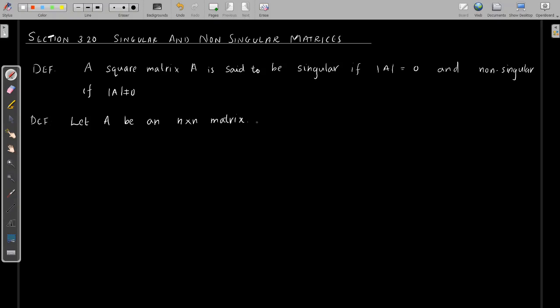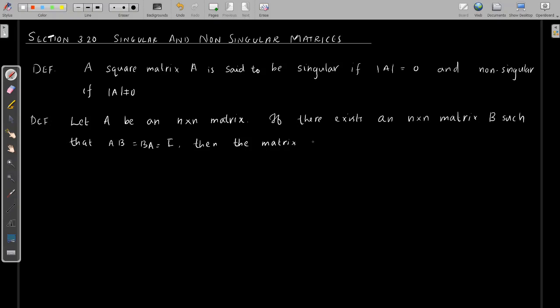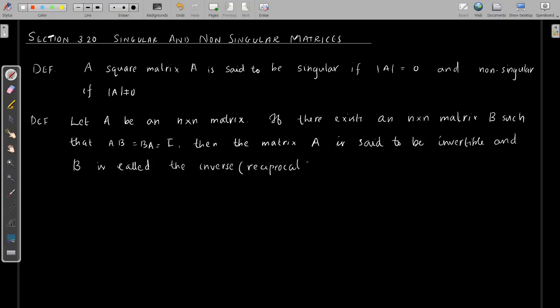If there exists a square matrix B of order n such that AB is equal to I is equal to BA, then A is said to be invertible and B is called the inverse of A. This inverse of a matrix is also called reciprocal of A. So in order to get an invertible matrix, we need to find out another matrix B with these properties: AB equal to BA is equal to I.